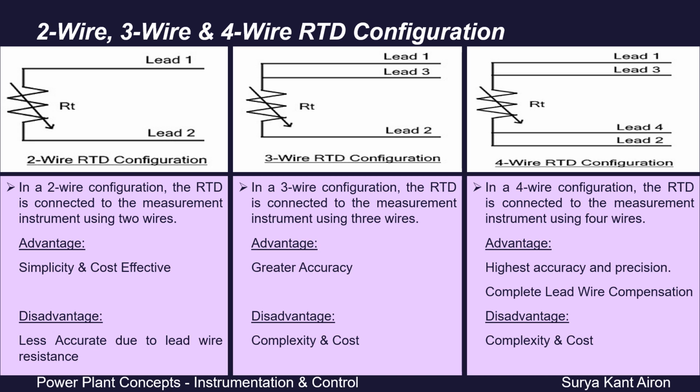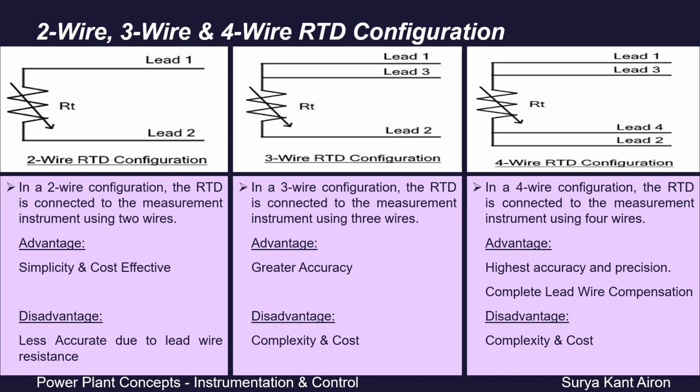However, this additional third wire not only brings more complexity than our two wire configuration, but also increases the cost, and it is used basically in applications which require moderate accuracy while balancing complexity and cost. Additional wire definitely costs money, so cost increases, but accuracy is much better than two wire RTD because this lead wire resistance is compensated.